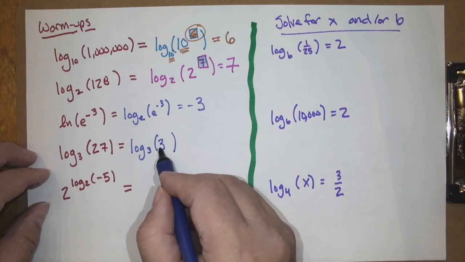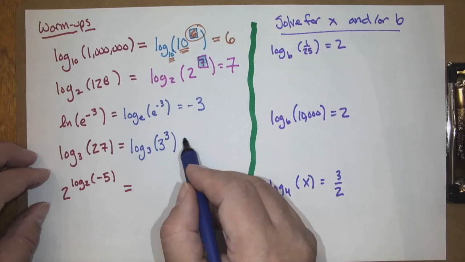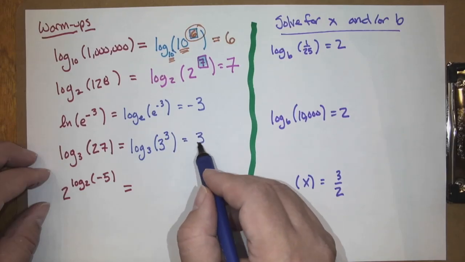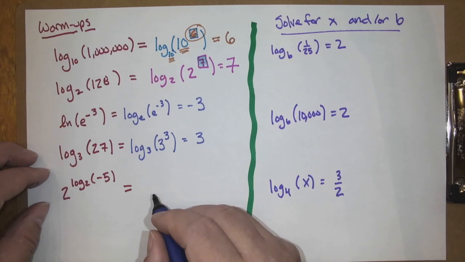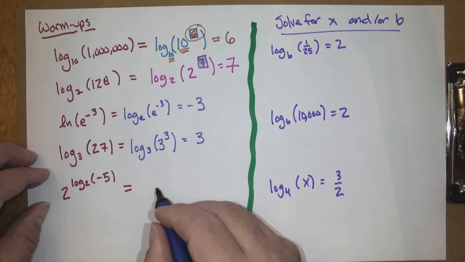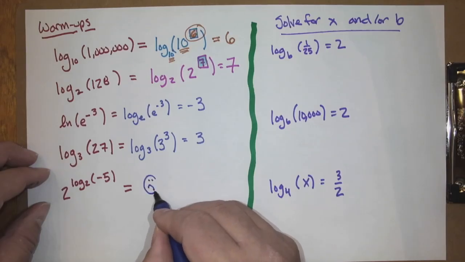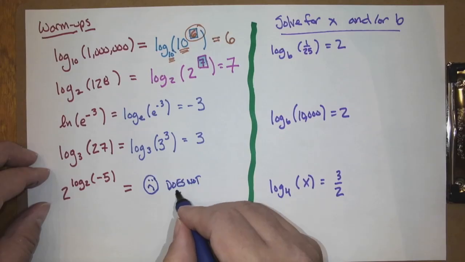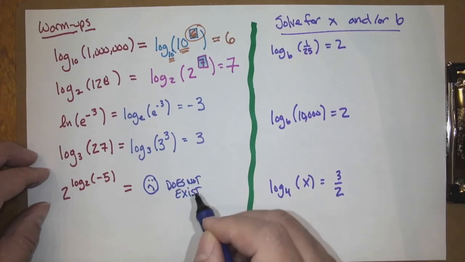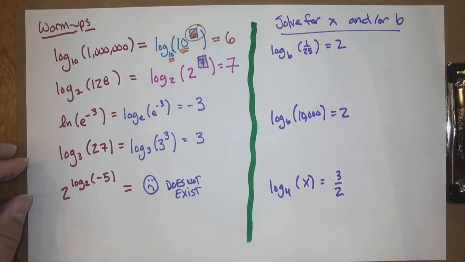Well, 27, also known as 3 cubed, so our answer is 3. 2 to the log base 2 of negative 5 is? Does not exist. You can't do it. Why not? Because you can't take log of a negative number. All right.